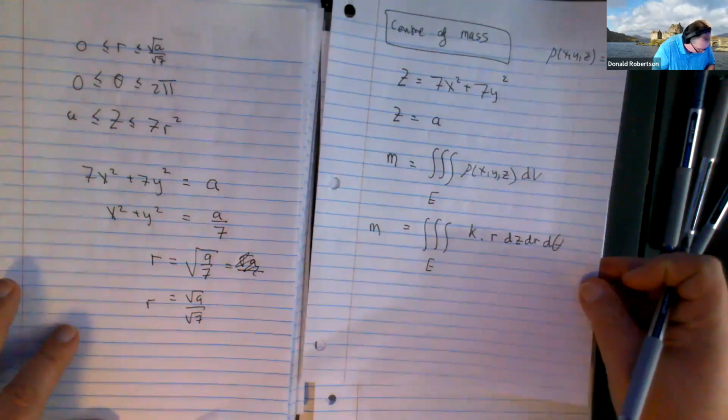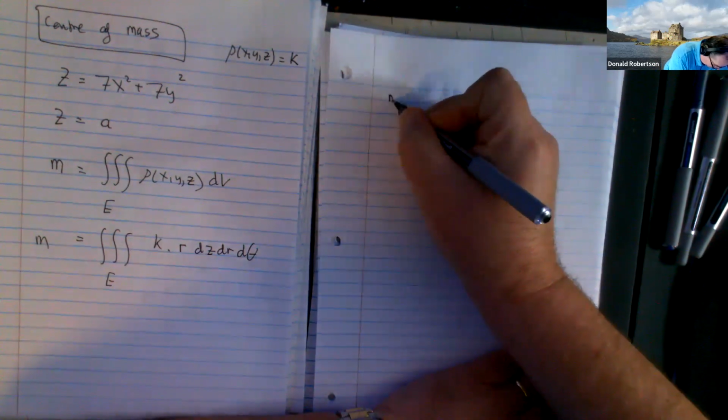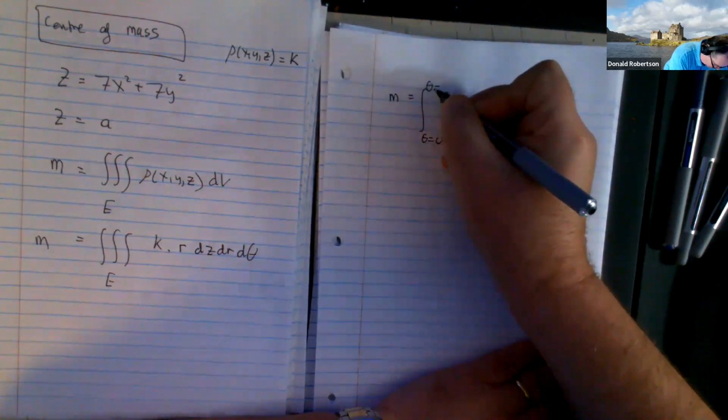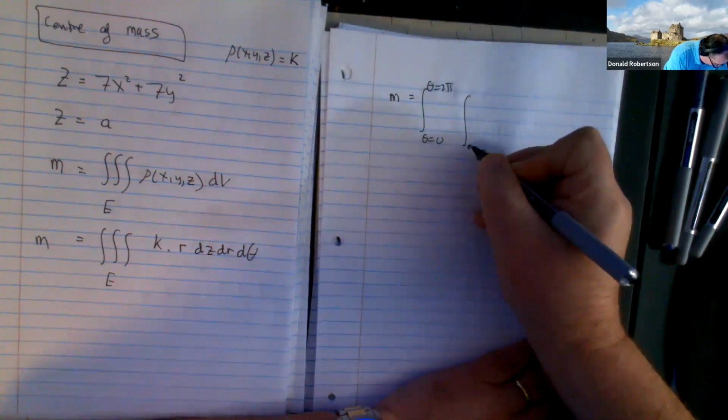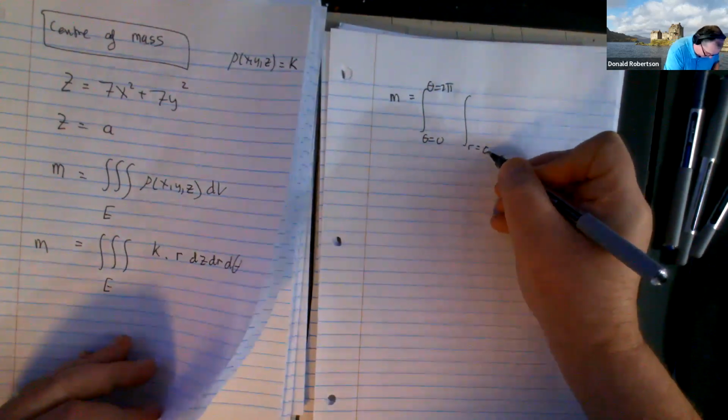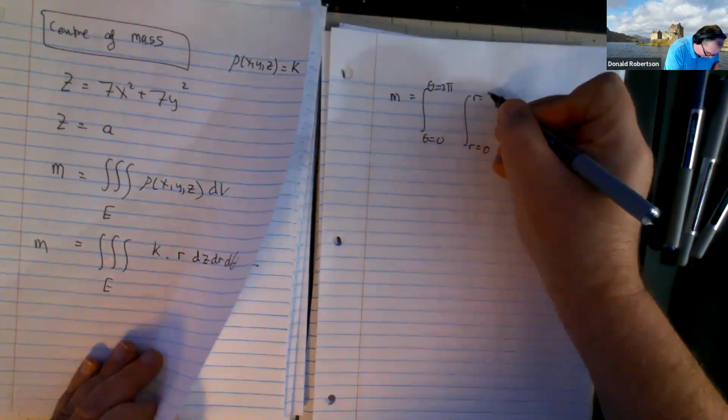So I'm just going to keep going for as much time as I can, and then we'll have to call it quits at the end of this whenever that happens. So it's going to be from 0 to 2 pi, from 0 to the square root of a over the square root of 7.